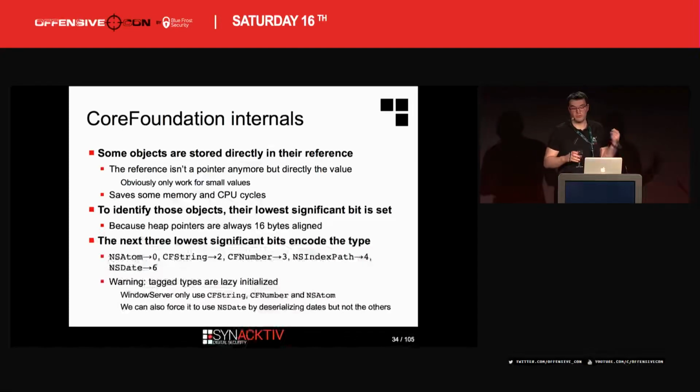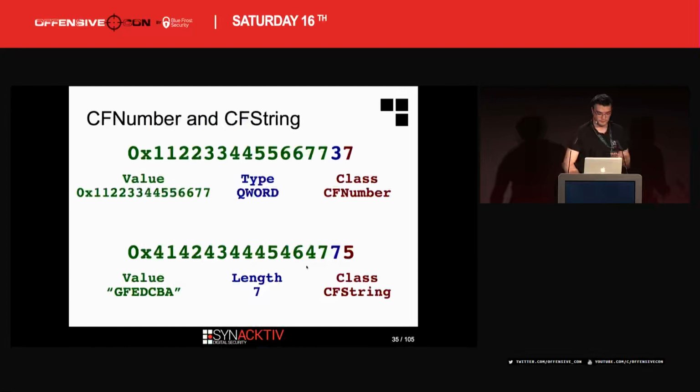So the server only uses CF string, CF number, and NSAtom in its day-to-day life. We can force it to use NSDate by forcing it to deserialize NSDate. But for example, we won't be able to use NSIndexPath in our exploit.